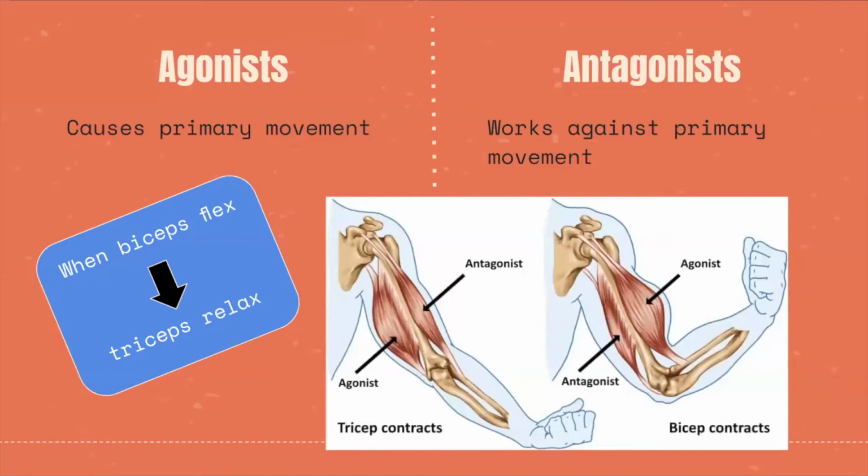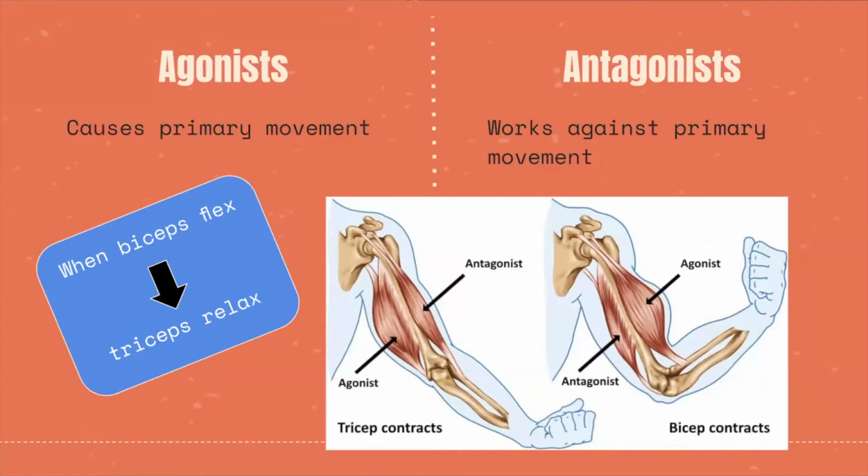Okay, we're going to talk about agonists and antagonists. So what agonists do is they cause the first movement. So when the impulse is sent from the brain to the muscle, it contracts. So that muscle that contracts causes the primary movement. And antagonists work against the primary movement. So there are always 2 muscles working in pairs.